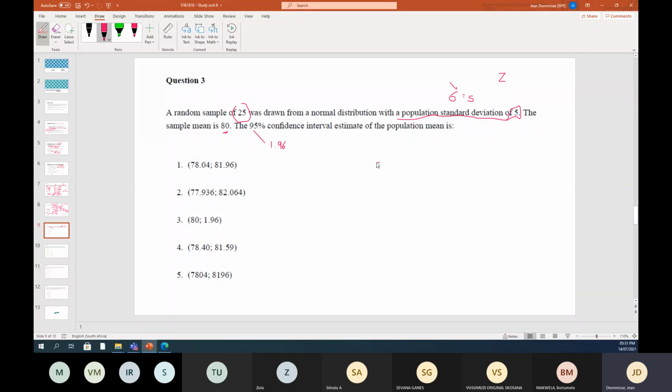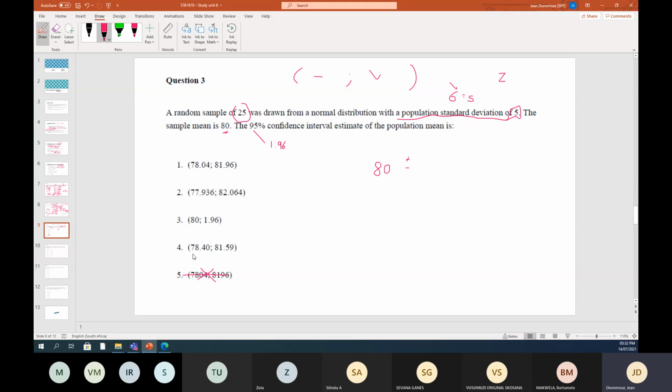Again, if 80 is your mean, the upper confidence limit needs to be bigger than 80, and the lower needs to be smaller than 80. So this option can't be, okay.